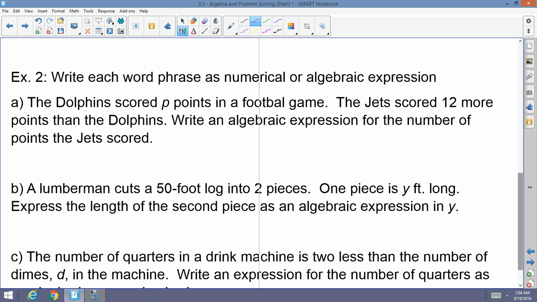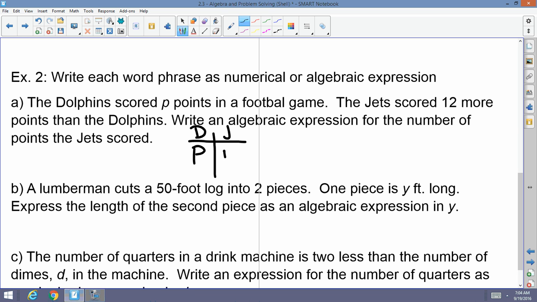Okay, let's make a little table. This is a very important skill that you should get used to right now. Writing tables is going to make your life easier when solving word problems. So, we've got the Dolphins and we've got the Jets. The Dolphins scored P points in the football game. Okay, so they scored P points. The Jets scored 12 more points than the Dolphins.